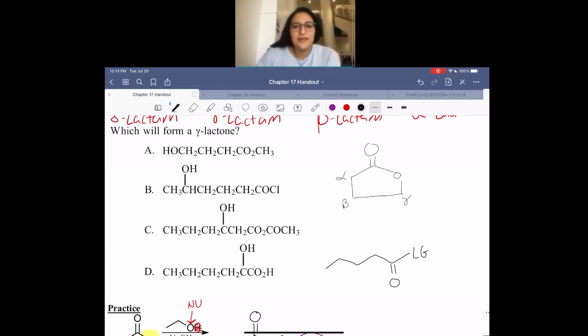And in order to make it gamma, we have to go 1, 2, 3 carbons away, and we have to end up with an OH here. You can think of that as alpha, beta, gamma. On that gamma position, you need an OH. So let's look for an answer that has that.